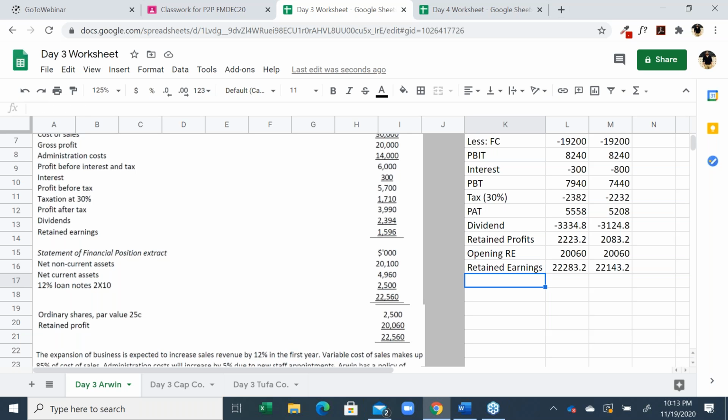And the share capital, in the equity case, is going to increase. So the share capital that previously was at 2500 will now be increased by 5 million, 5,000, right?